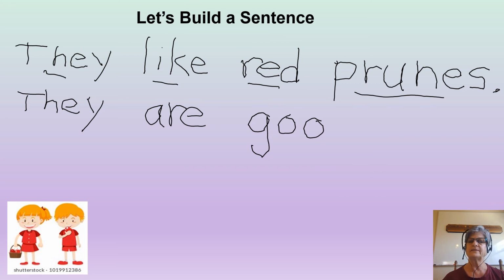Then we're going to write the lowercase d. So we go down, down, around, and in. And that's a D. G-O-O-D. And make sure you have written it, please.